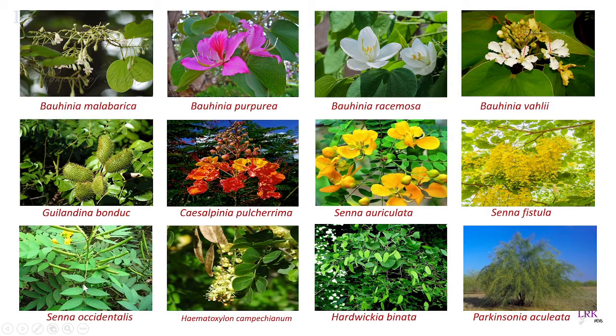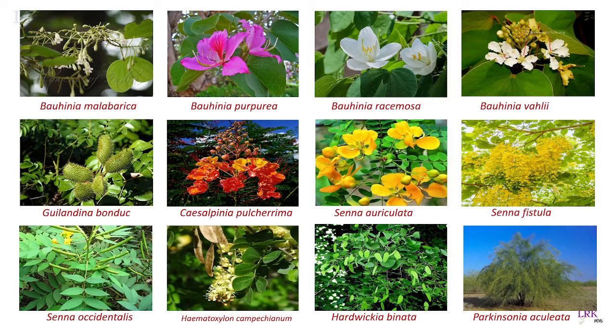Okay, this is Senna occidentalis. In Telugu we call it Kasinta, and in Hindi, Kasonda. Okay, this is Hematoxylon campesianum. This one is popularly known as bloodwood tree. We will get a red dye from the stem of this tree, so the name Hematoxylon.